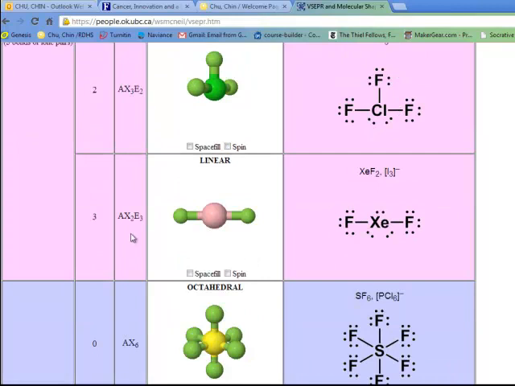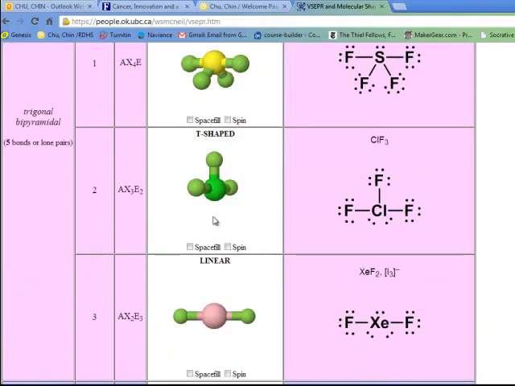Then, backtrack on that, as you can see it's a T, it definitely will have a net polarity if some of the bonds are polar.